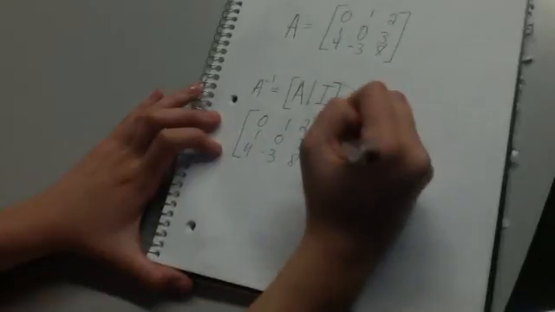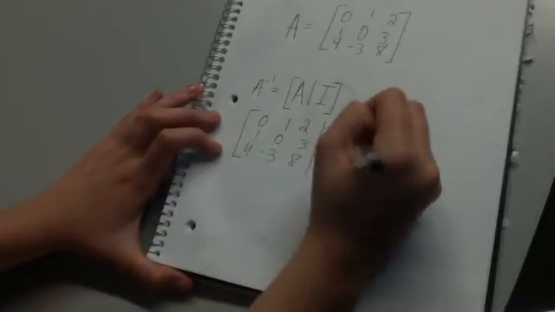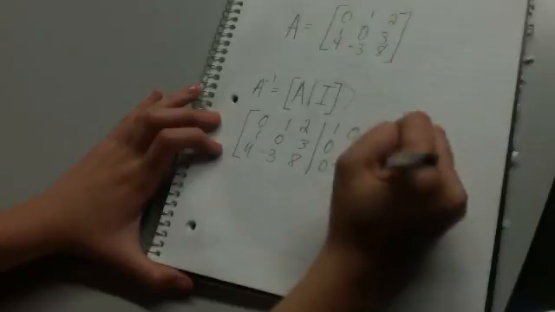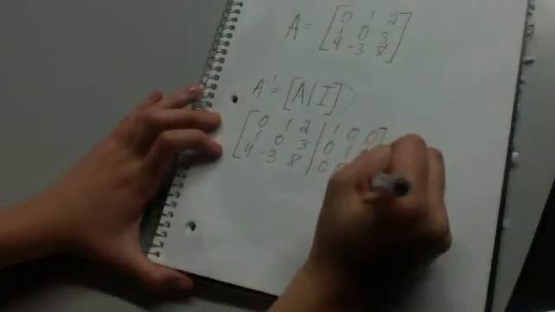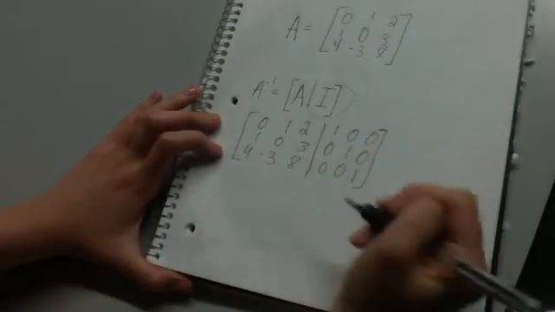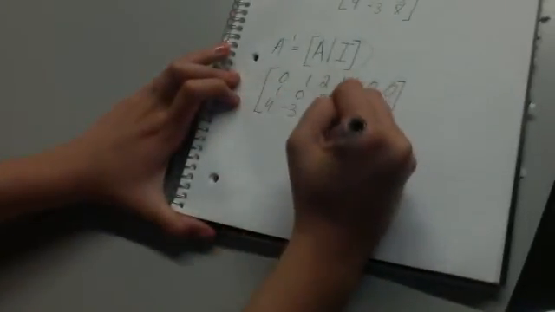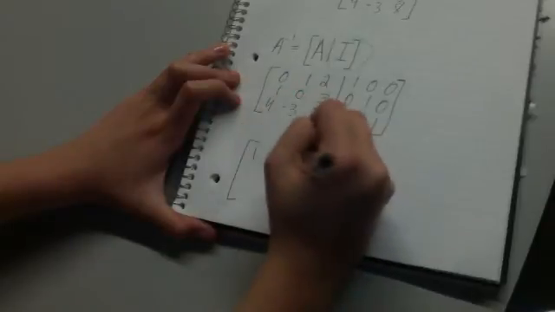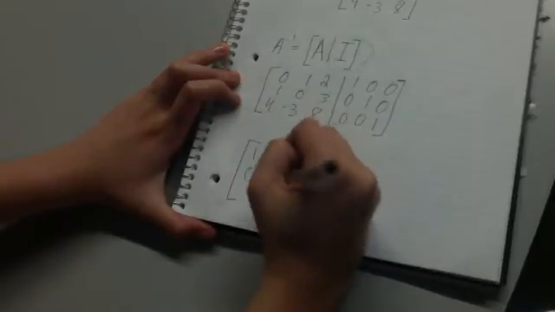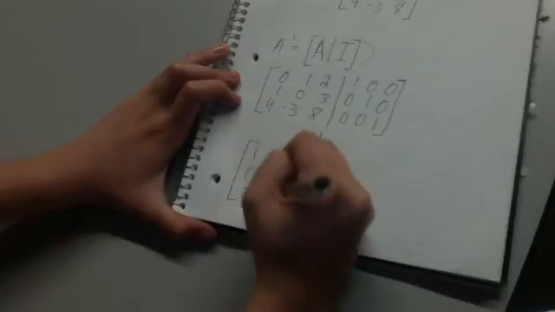Now we augment this with the identity matrix 1, 0, 0, 0, 1, 0, 0, 0, 1. For the sake of time with the video, I'm going to skip some of the row reductions and show that in conclusion, we want to put it in reduced echelon form, which means that we will get the identity matrix on this side, and whatever values we get here is going to be our inverse matrix.